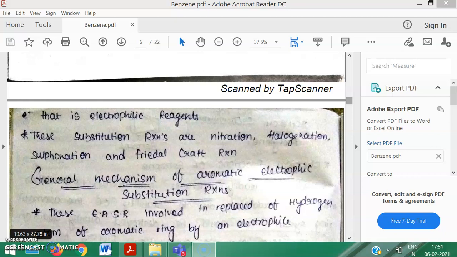The word substitution means one of the hydrogens is removed and another atom, chlorine, bromine, a nitro or sulfonate group, or any other can be substituted. That's why we say aromatic electrophilic substitution reactions. These reactions involve replacement of a hydrogen atom of the aromatic ring by an electrophile.